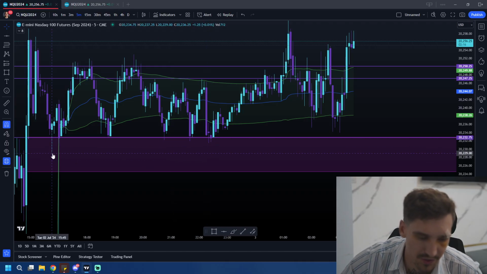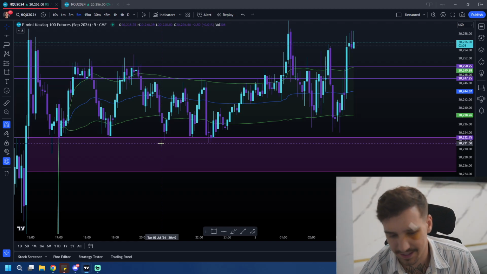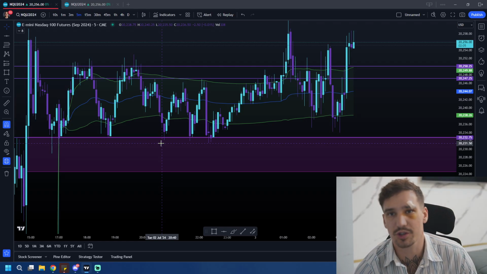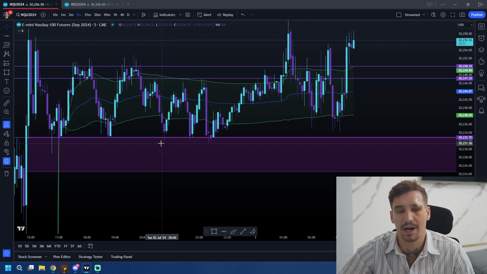if it gets too deep into the zone, and we're not targeting this entry, this sweep zone, then it would just make our risk reward ratio too high, right?